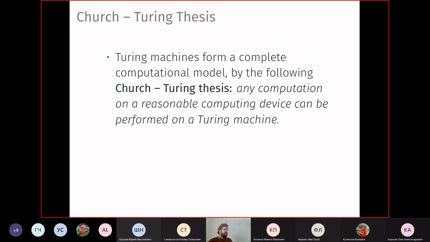If you fix any other model of computation, this becomes a formal theorem. For example, say I have a more involved computing device, like a formal definition of a programming language like C, with infinite memory and so on. How can you reduce it to a Turing machine? Well, this is hard, but you can.